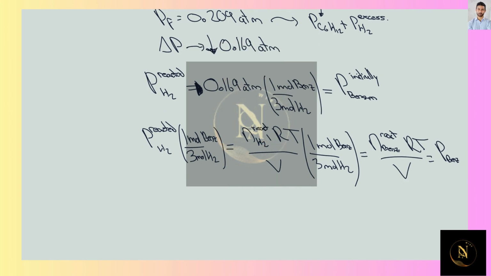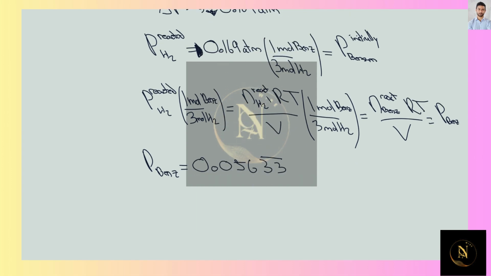So, by dividing 0.169 over 3, we have the pressure of benzene, that is 0.05633 periodical.